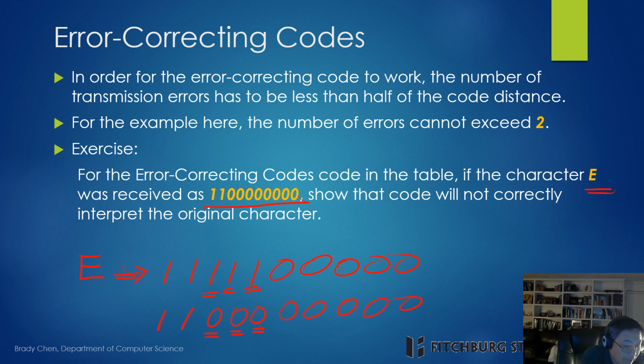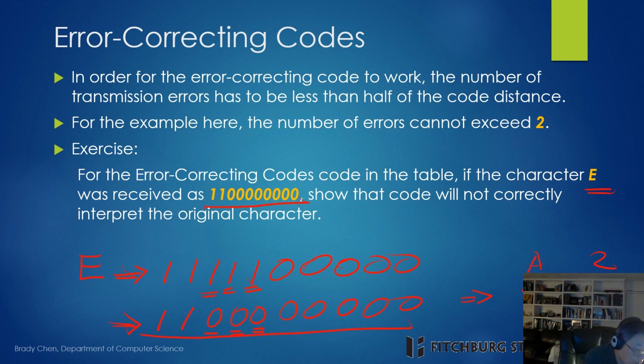Now, if we try to calculate the Hamming distance between the received code and A, B, C, D, E, or F, we will find out that the distance between this code and A is 2, right? The distance between this code and B is 7.